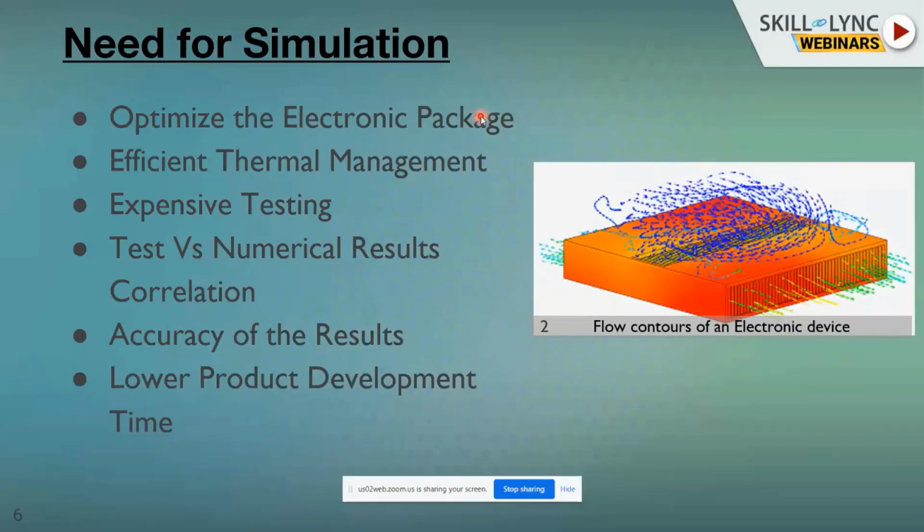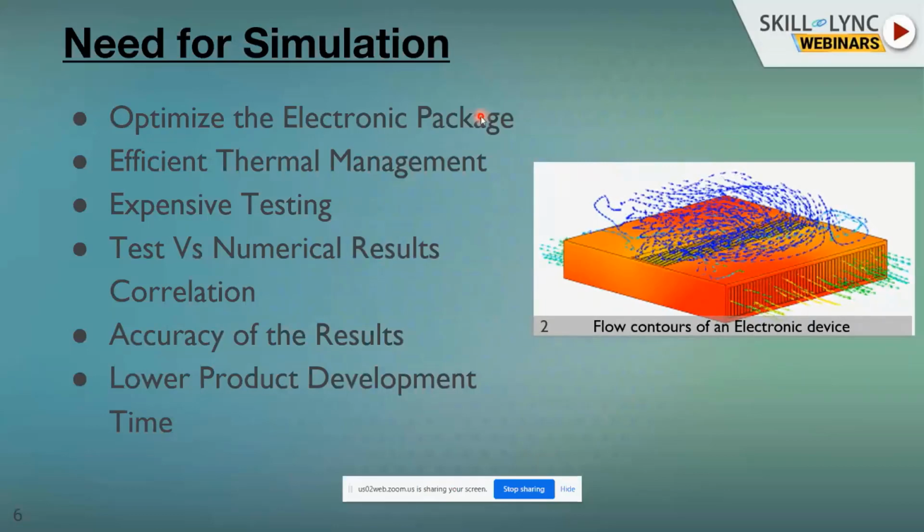Fourth, test versus numerical results correlation. Before simulation came into the picture, industries were doing a lot of testing using manpower. They have got n number of results, so we have to correlate. The basic fundamental principle is to correlate between test and numerical results.